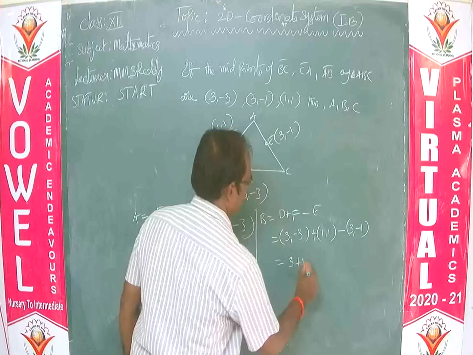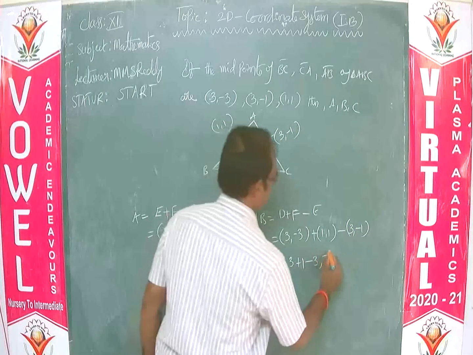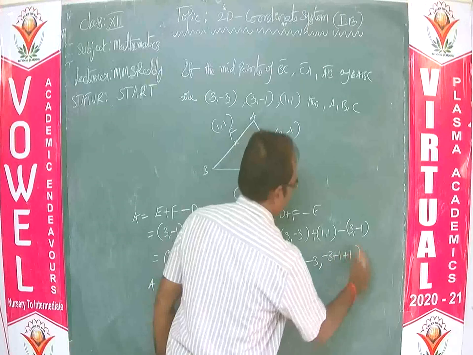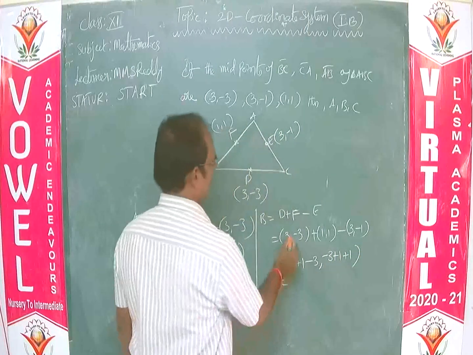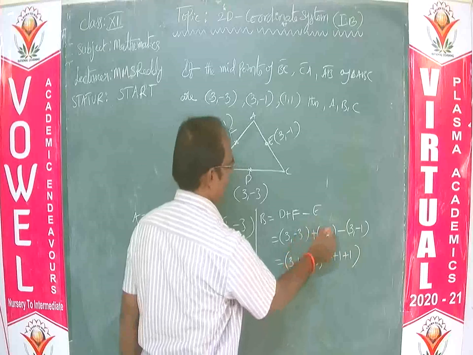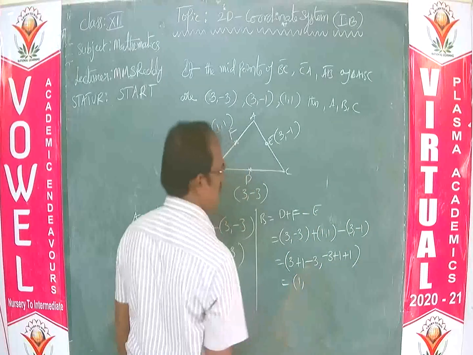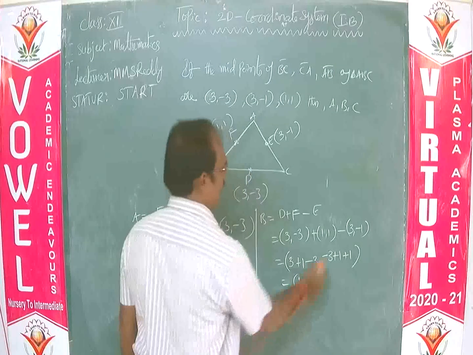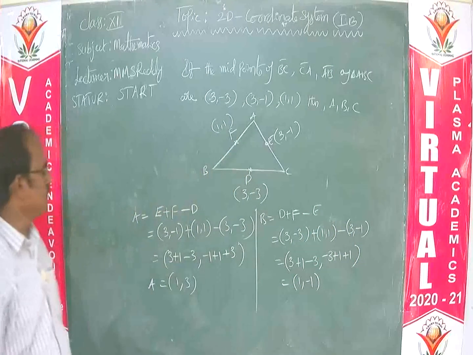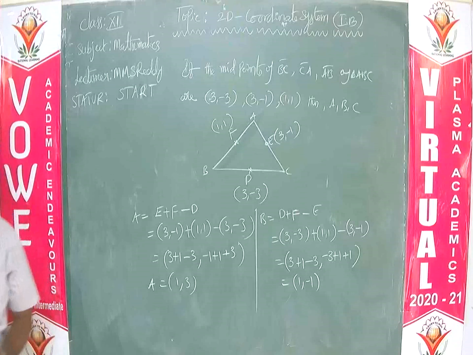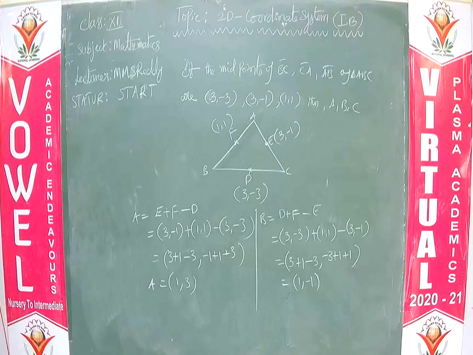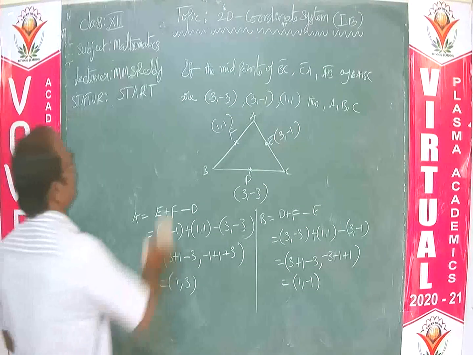Then 3 plus 1 minus 3, minus 3 plus 1 minus of minus plus 3 gives 1, minus 1. So these are the coordinates of the second vertex B.